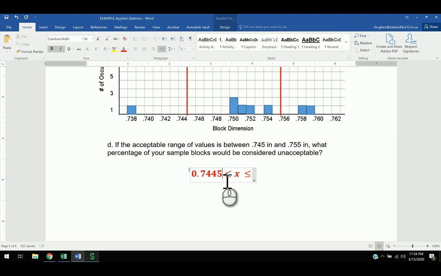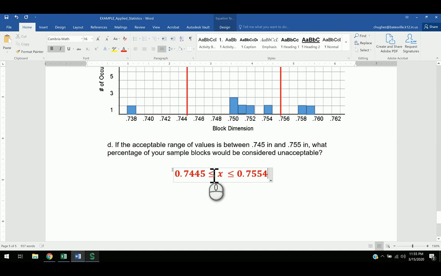And then as I look at my interval, anything between x in that case and 0.7554 would keep me between.